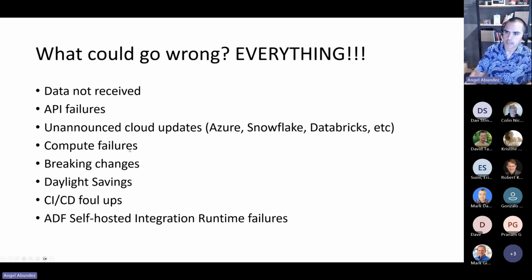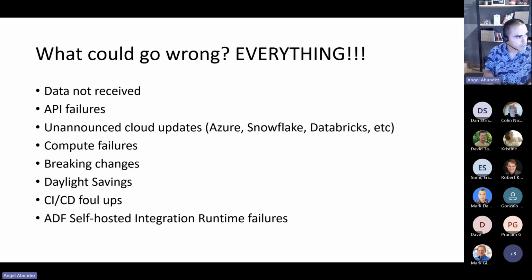Also popular in the cloud world are compute failures. In modern data architecture, you hear a lot about the separation of compute versus storage, and it's brilliant. It's a great way to operate in today's world with data.